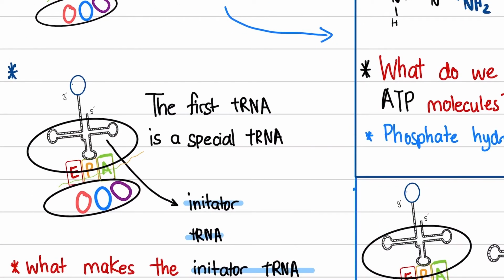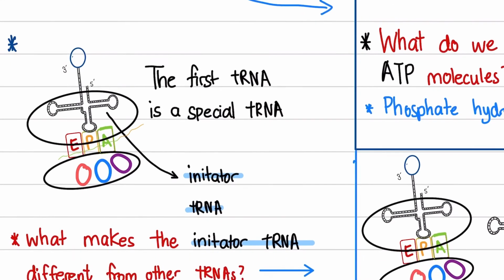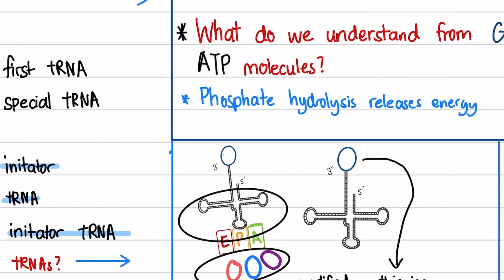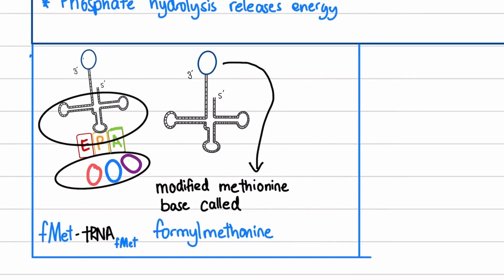Another thing we want to talk about is the first tRNA. The first tRNA is a special tRNA. It's an initiator tRNA. And what makes the initiator tRNA different from other tRNAs? The answer to this question lies in its amino acid. The initiator tRNA contains an amino acid with a modified methionine called formyl methionine, the FMET.